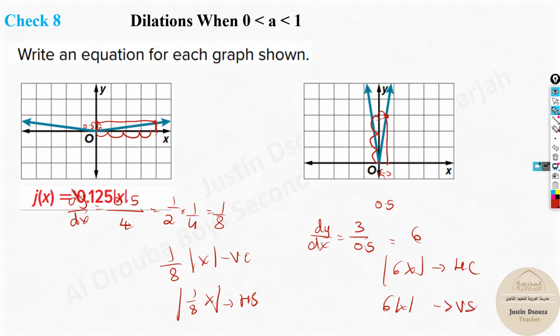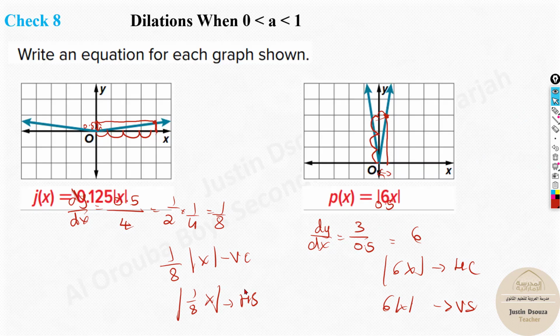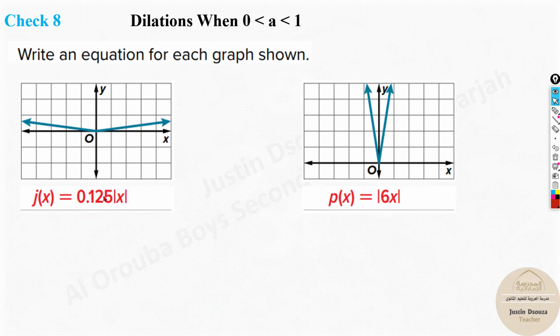These would be the answers. So you can see 1 by 8 is 0.125, so it's the same thing. So just beware, and over here is 6. Now, if they mention you do it horizontally, then make sure you write it inside. If it's vertically, outside.